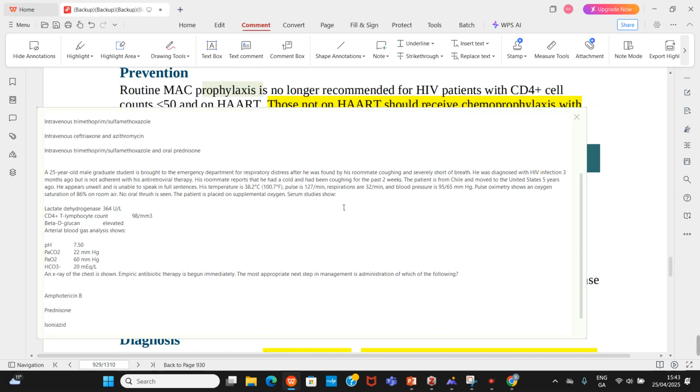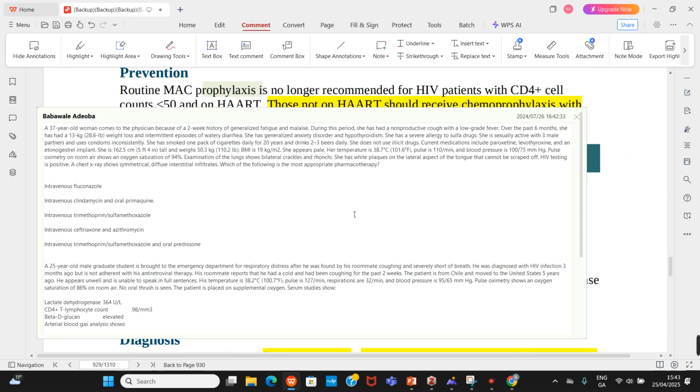So I have a question here. A 37-year-old woman comes to the physician because of a 2-week history of generalized fatigue and malaise. During this period, she has had a non-productive cough with low-grade fever. Over the past 6 months, she had a 13 kg weight loss and intermittent episodes of watery diarrhea. She has generalized anxiety disorder and hypothyroidism.